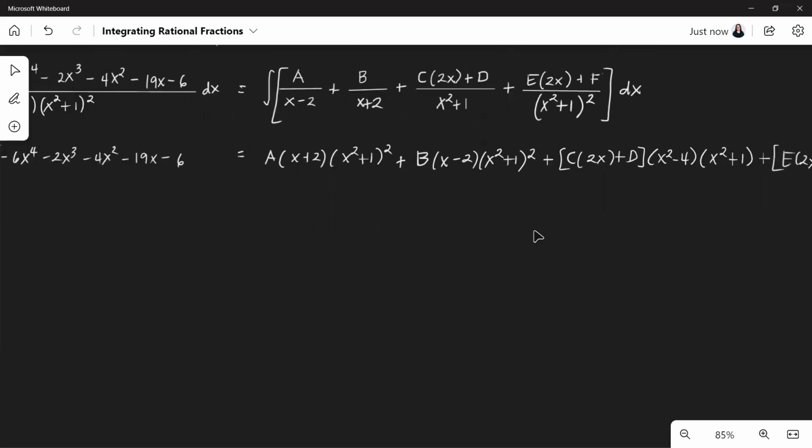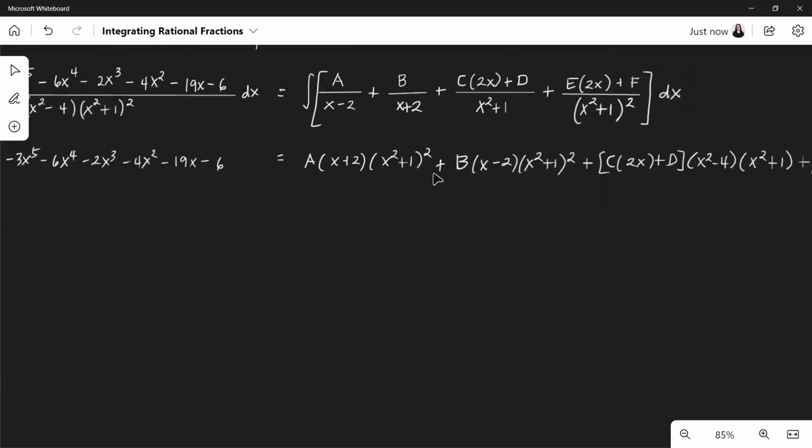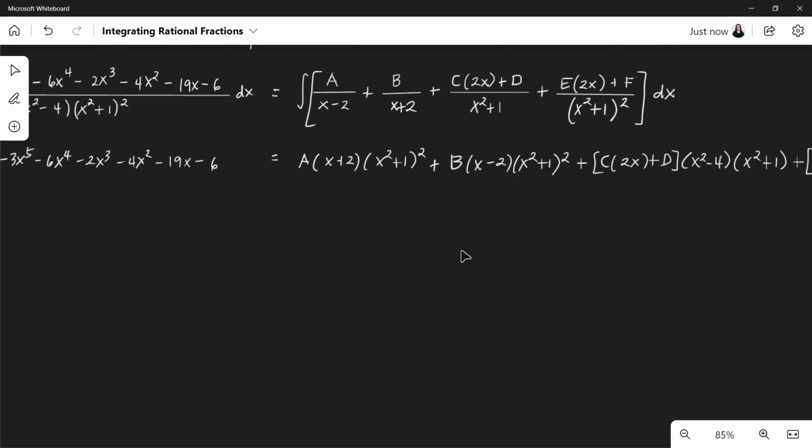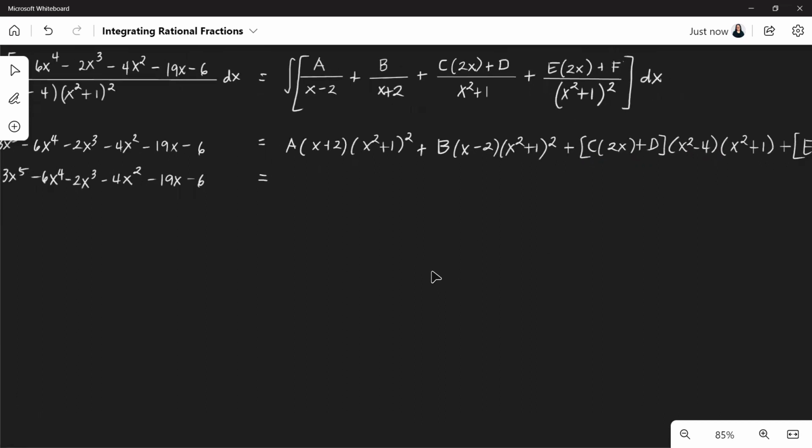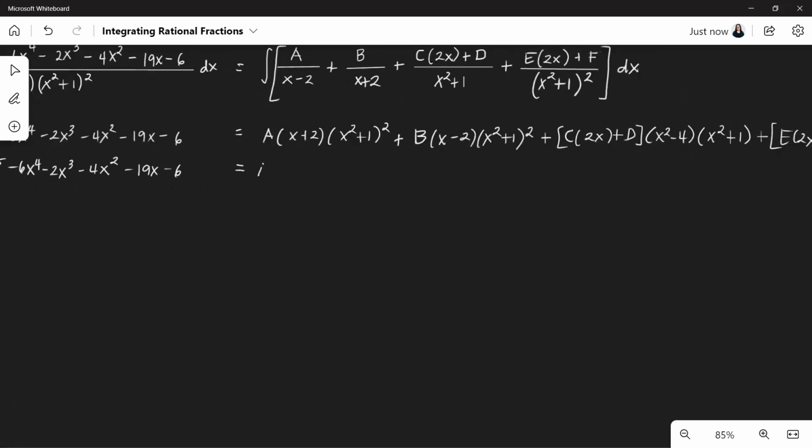Next is to get rid of the grouping symbols and then later equate the coefficients. So we need 6 equations here because we have 6 unknowns. So A times x squared plus 1, there's no need to rewrite everything.